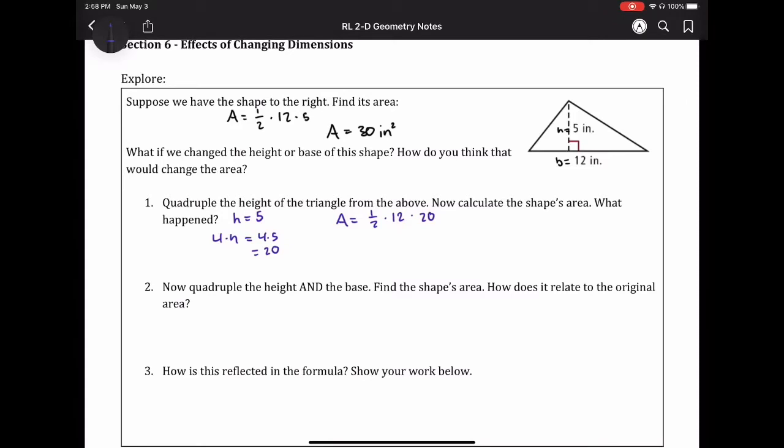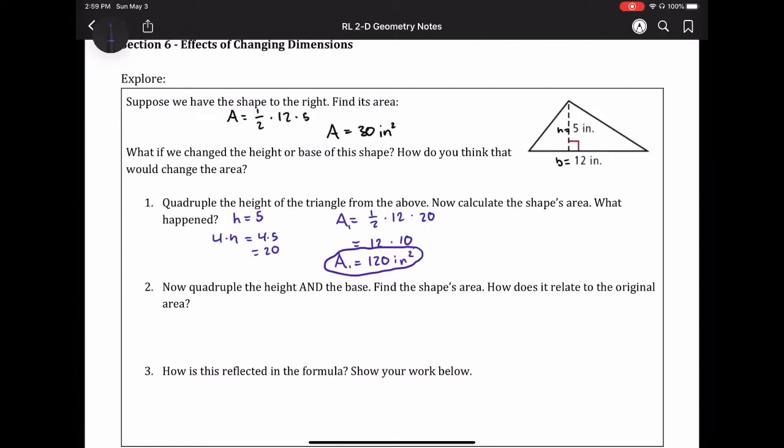Half of 20 is equal to 10, so I really have 12 times 10. 12 times 10 is equal to 120. So now my new area is 120 inches squared. We'll put that there for new area. New area equals 120 inches squared.